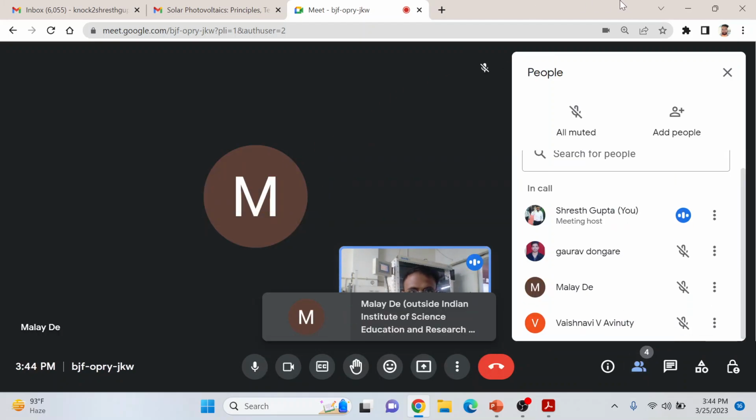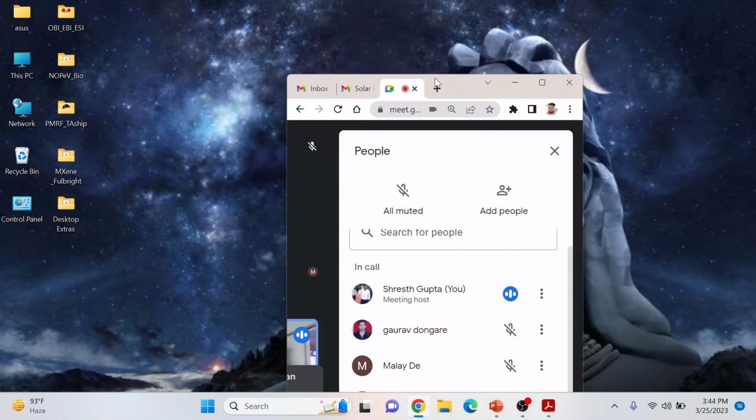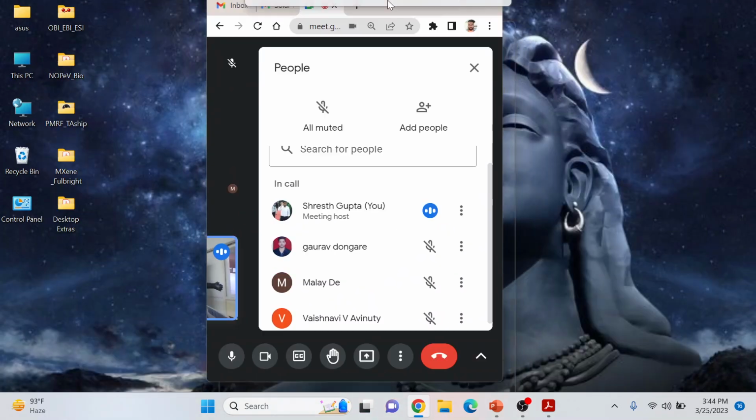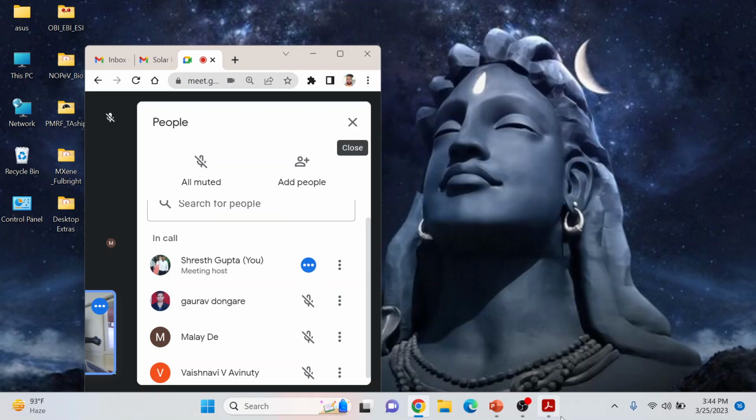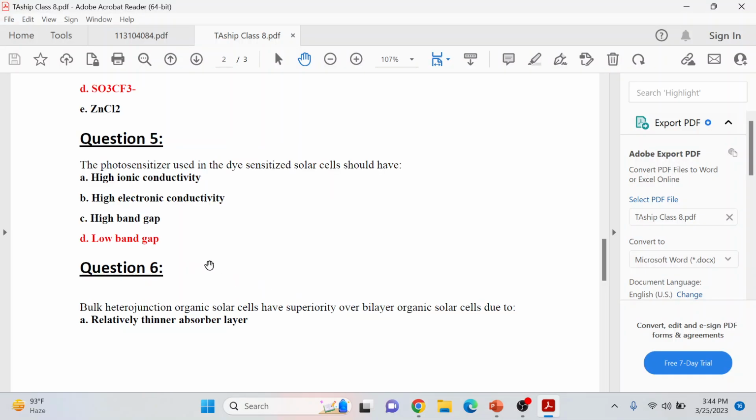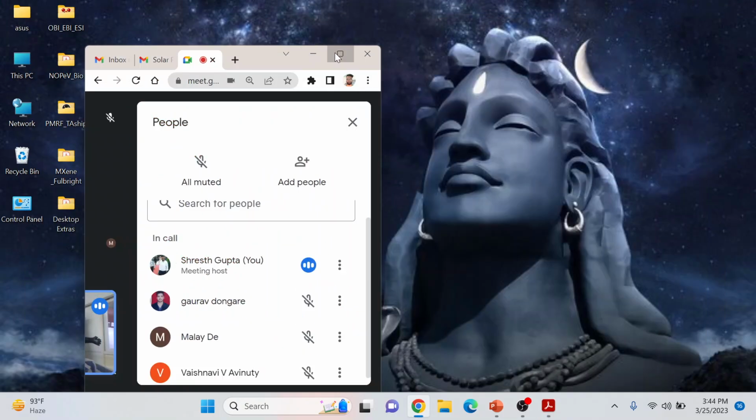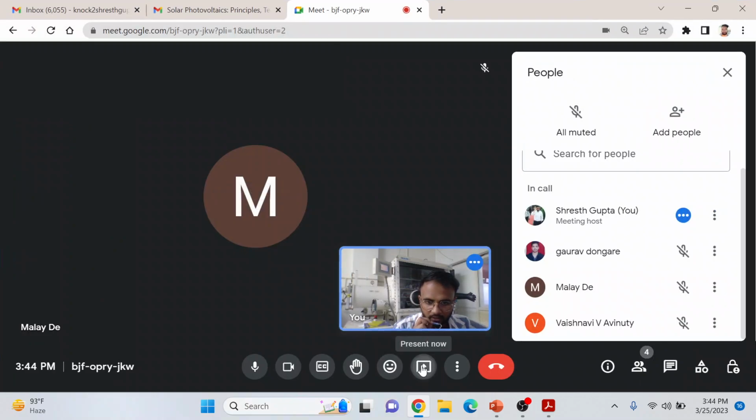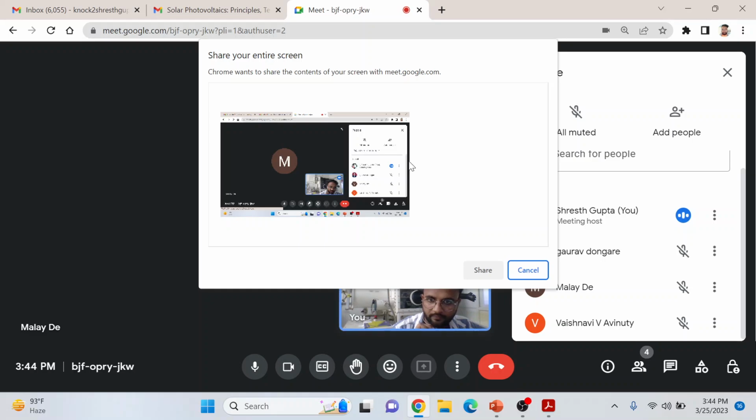Okay, I guess I missed out somehow due to connectivity issue. So the correct answer was right. The correct answer was lower band gap, and I have told you why the correct answer is lower band gap, because just a minute, let me present my whole entire screen.